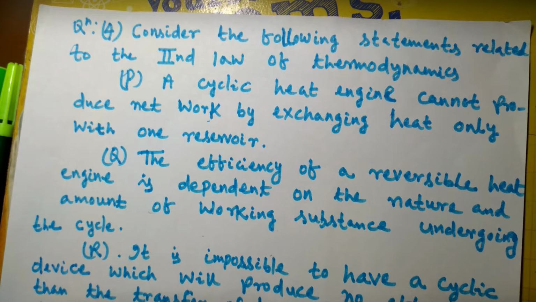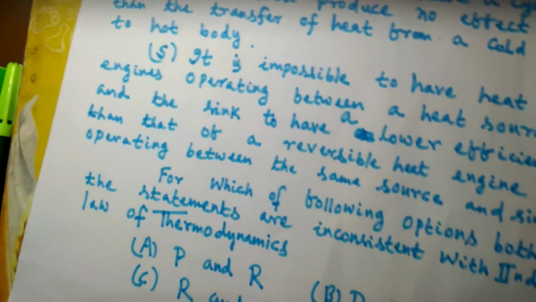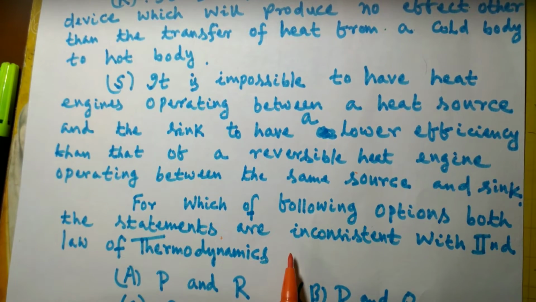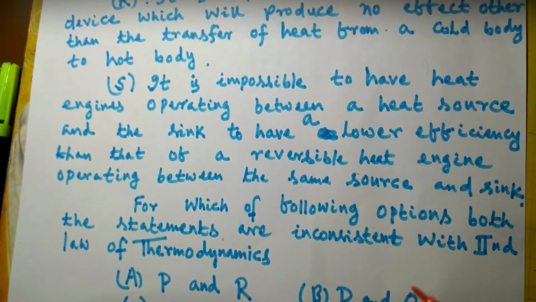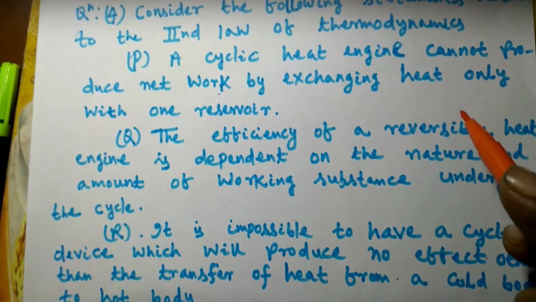Sometimes students make the mistake of finding the statements which are consistent with the second law, and those become their chosen options, but that is wrong, because the question says you have to find the statements which are inconsistent. That means those are not in agreement with the second law of thermodynamics. So we will go through each statement.